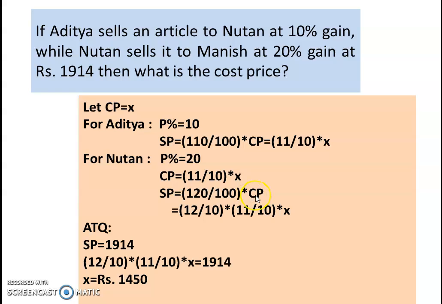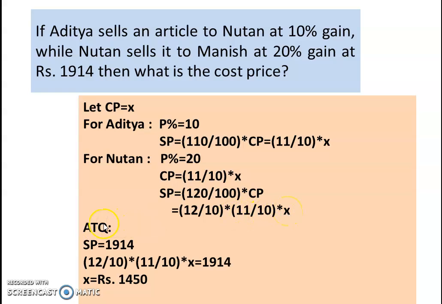So value of CP for Nutan is 11 by 10x because Aditya sells article to Nutan. So the selling price for Aditya becomes cost price for Nutan, right? So after writing cost price 11 by 10x, value of SP will be 12 by 10 into 11 by 10x.